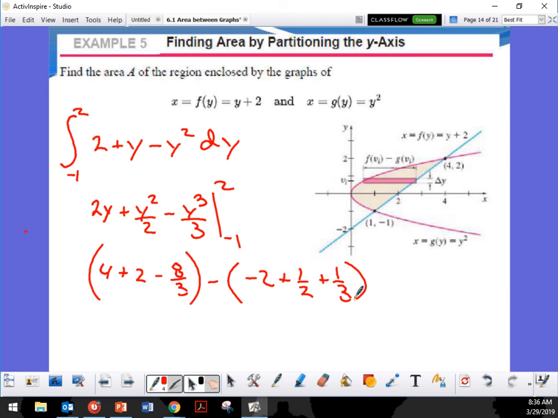It's going to be 6, right? So this is going to be 24 over 6 plus 12 over 6 minus 16 over 6, plus 12 over 6, minus 3 over 6 minus 2 over 6.